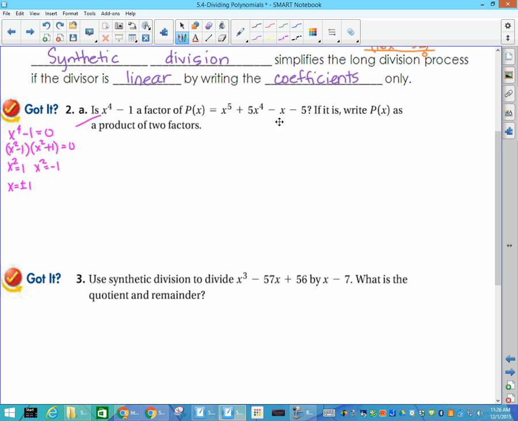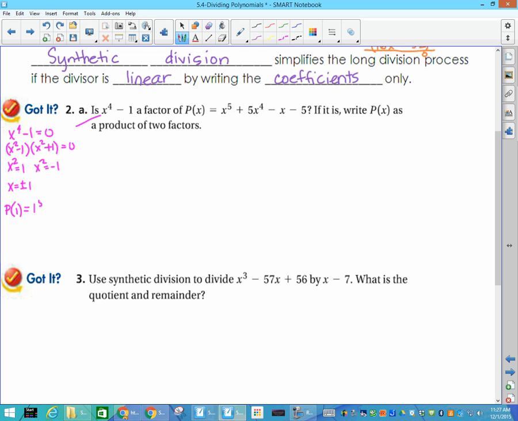To find out if it's a factor, I need to figure out what p of 1 is. It doesn't matter if you do 1 or negative 1. 1 is easier, so I plug it in. We just talked about that; it's our factor theorem. If I plug 1 in and I get 0, then I know it's a factor.